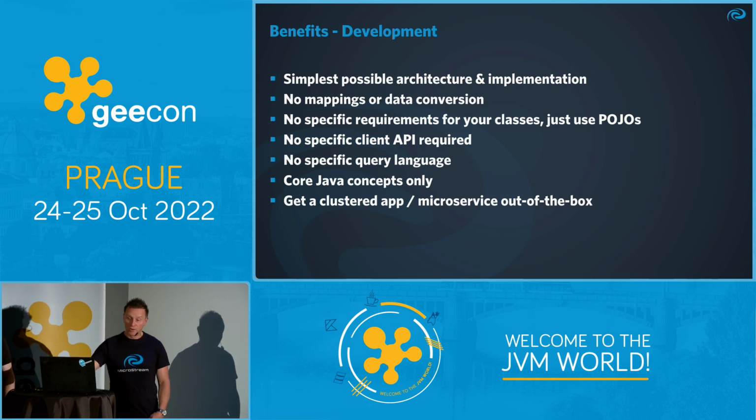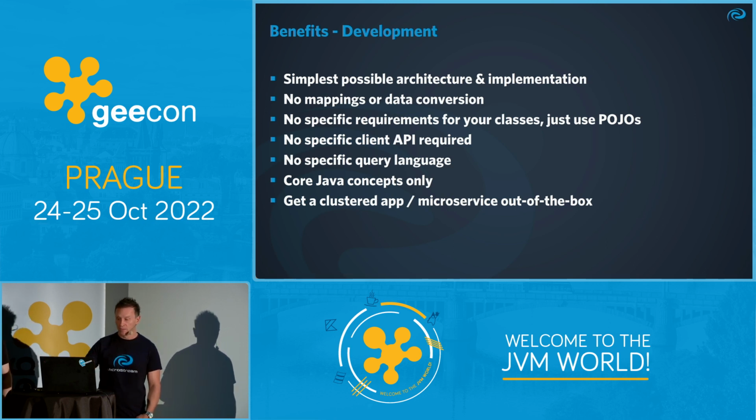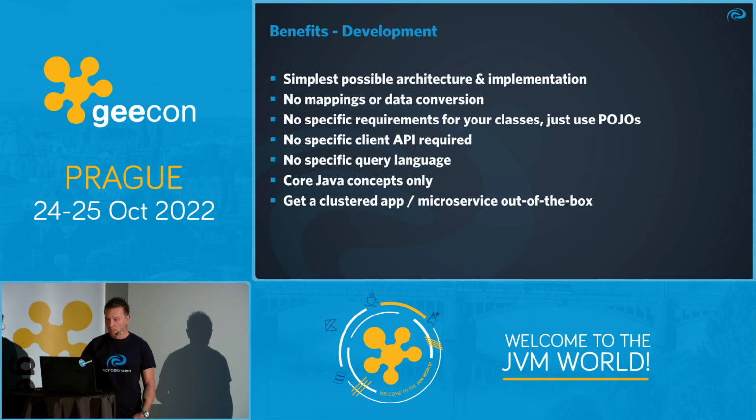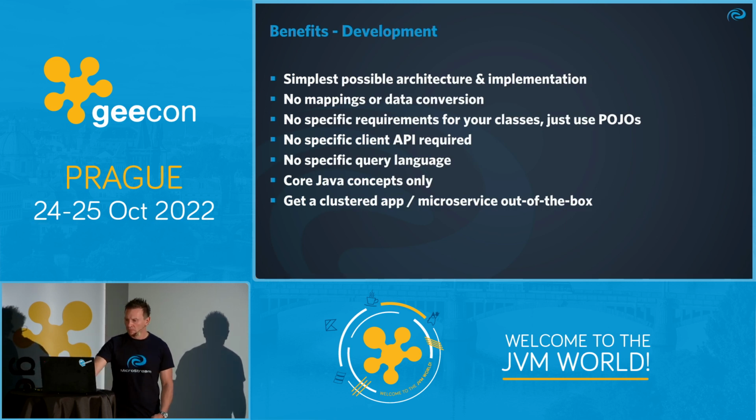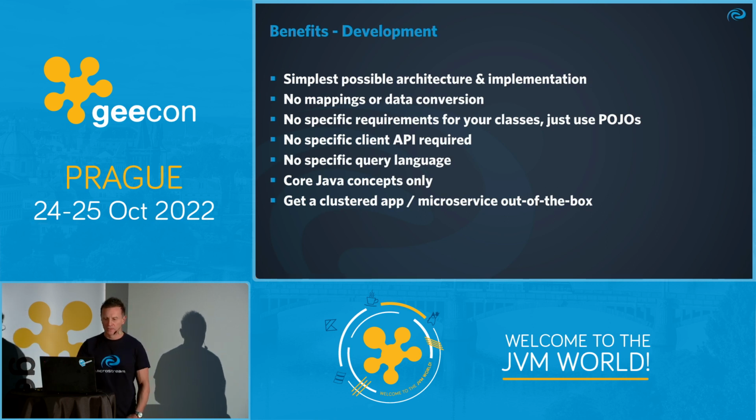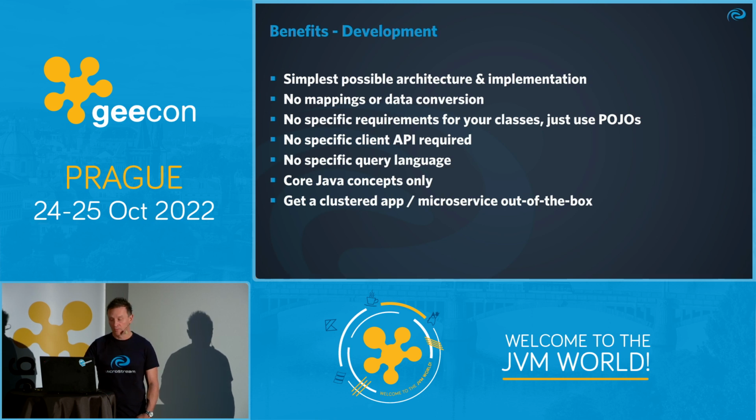No specific requirements for your classes: no annotations, no superclasses, no interfaces, just POJOs. We have no specific client API, so you can just use REST. Of course, no specific query language because we use the Streams API and core Java concepts only.